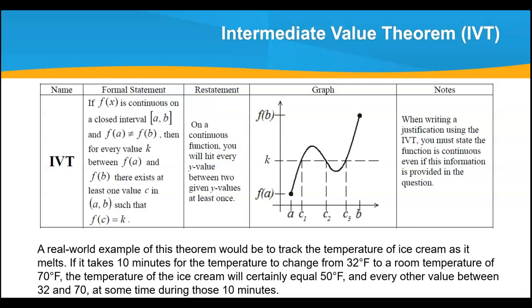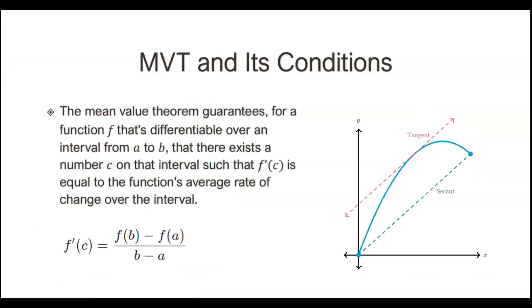So when you're looking at a problem, if it does not talk about a derivative, you think IVT. And I want us to be continuous and on a closed interval, right? Correct. Pretty much. All right, MVT guarantees if the function is differentiable. And what does differentiability imply?